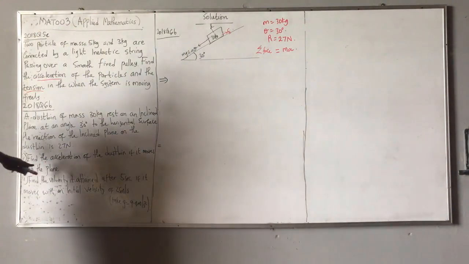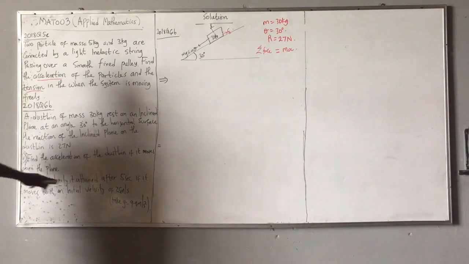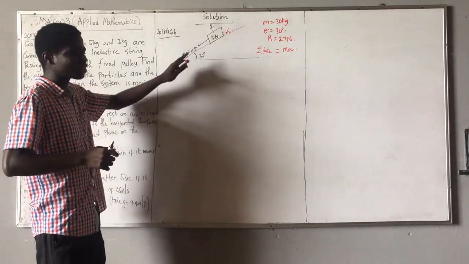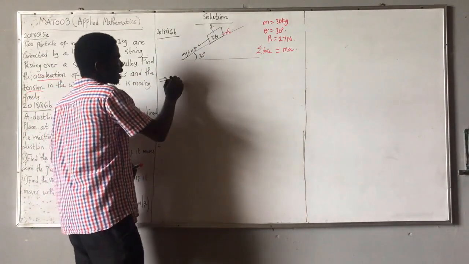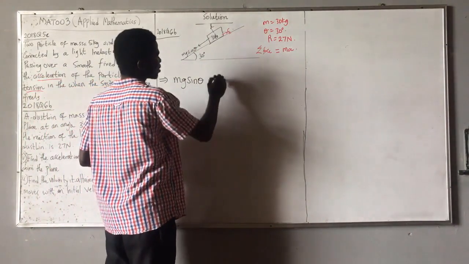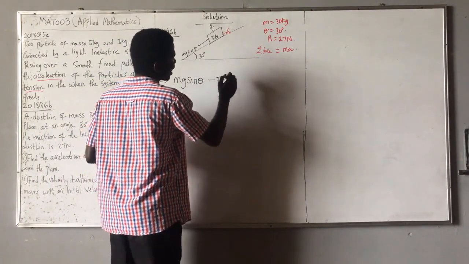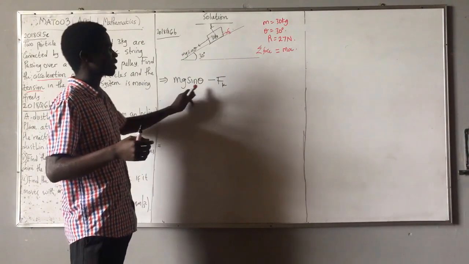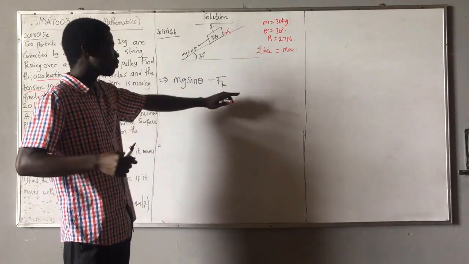If it moves down the plane, that means it is moving down. That means I have mg sine theta minus fk. That is the summation of force. The bigger one minus the smaller one. The bigger one is mg sine theta minus the smaller one fk.